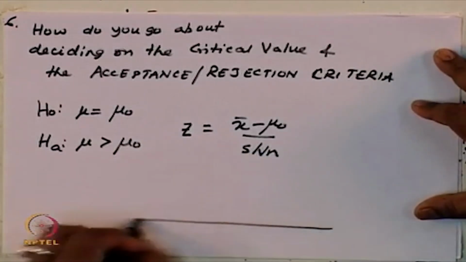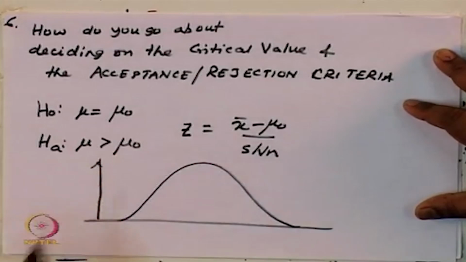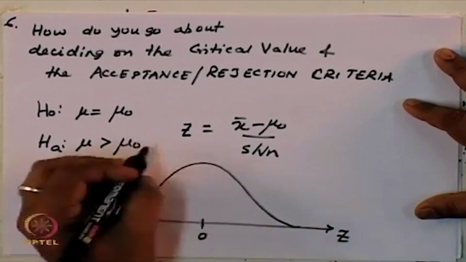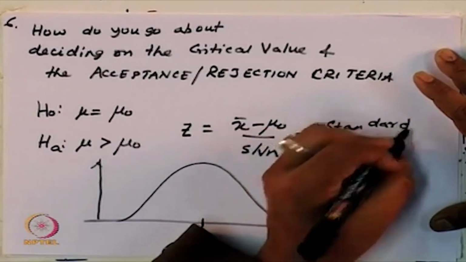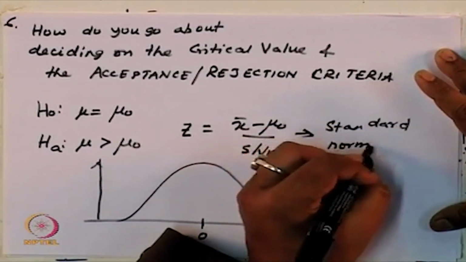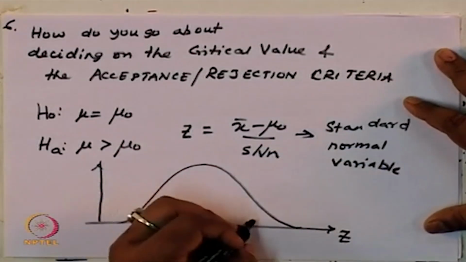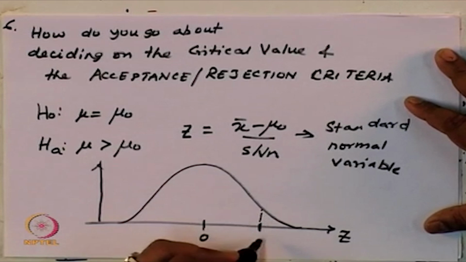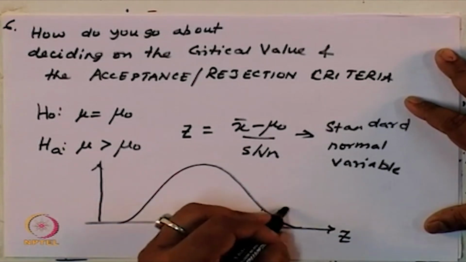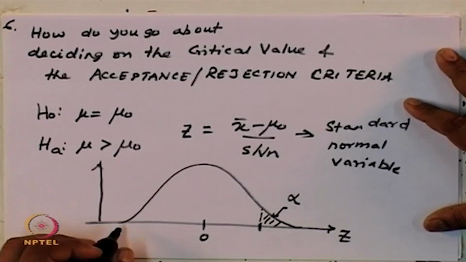If I were to draw the whole curve, this is my 0, since I am plotting Z, a standard normal variable. I can say that if my Z is more than a certain value, this is the probability, let us call this alpha, the significance level of rejection.